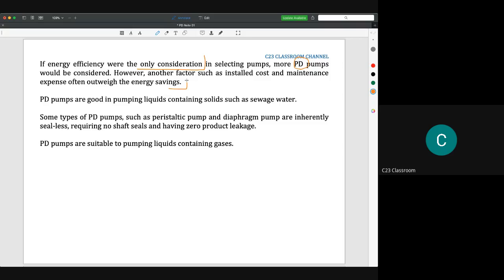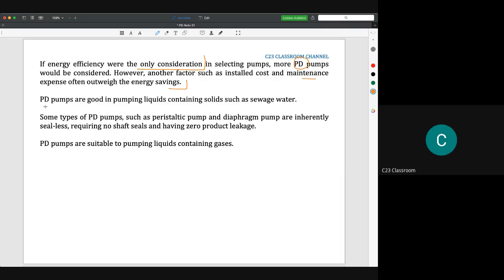So this means that if we compare the energy efficiency of positive displacement pump and centrifugal pump, for sure positive displacement pump has good energy efficiency, but normally engineers will say that positive displacement pump needs more maintenance cost. So that's why centrifugal pump becomes the first choice for many problems.